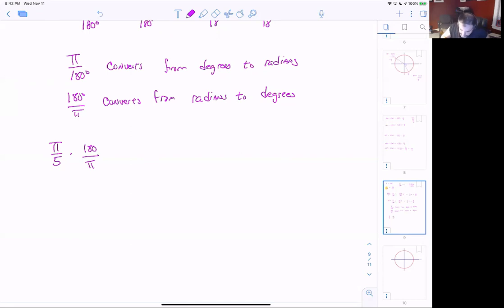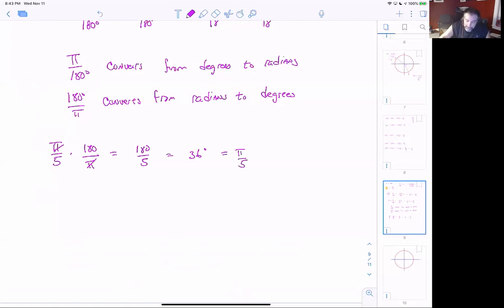This is going to convert a radian answer to a degree answer. Notice what happens, the pi's cancel. Now I'm just going to write it like this, 180 over 5. Isn't that what we would have gotten if we just plugged in the 180 for pi right away? So it's the same thing. It's going to work the same way, just whatever you're more comfortable with. Now I'm going to do 180 divided by 5. That's going to be 36 degrees. So pi over 5 is the same as 36 degrees.